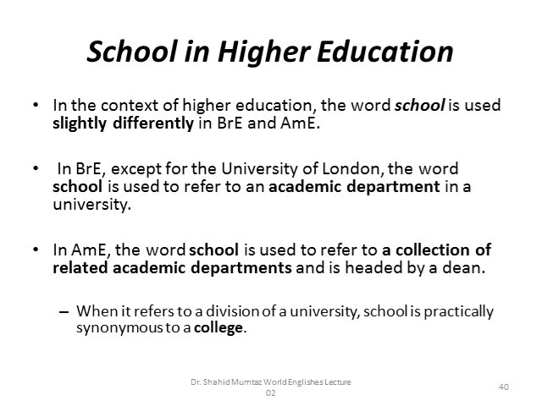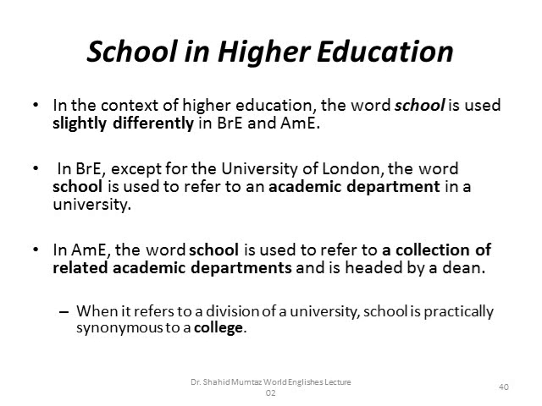So any department in a university is called a school in British English, except for the University of London, where something else might be said for an academic department.